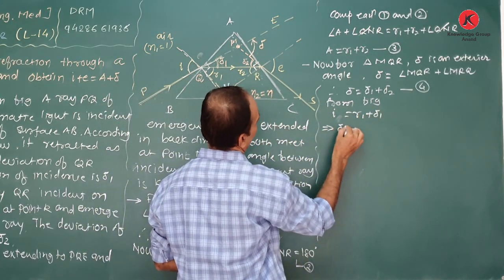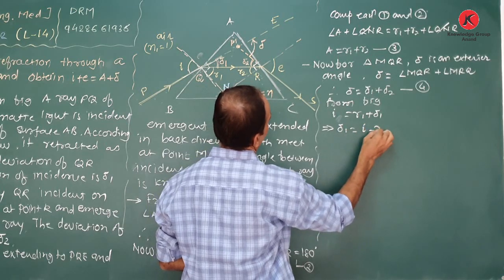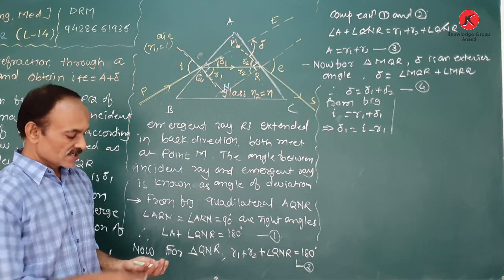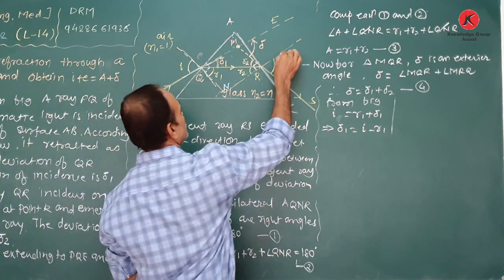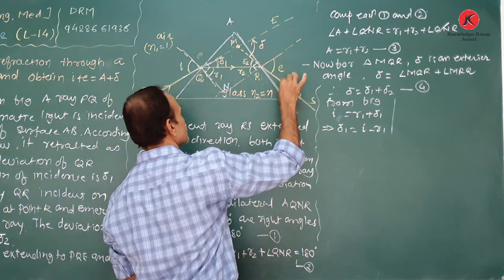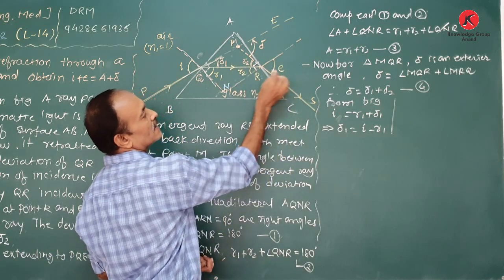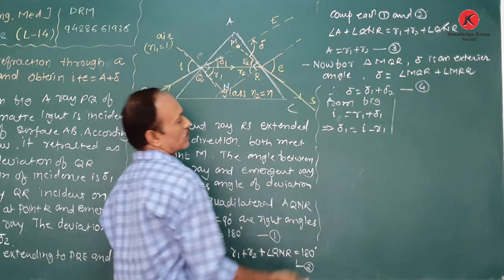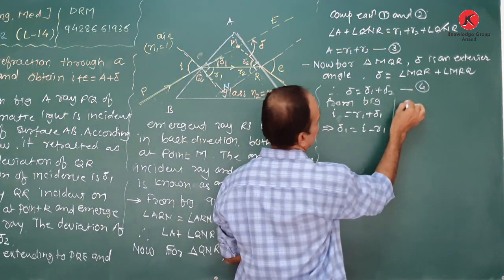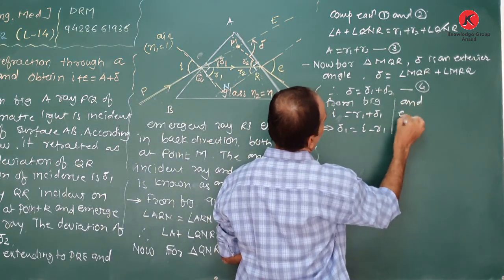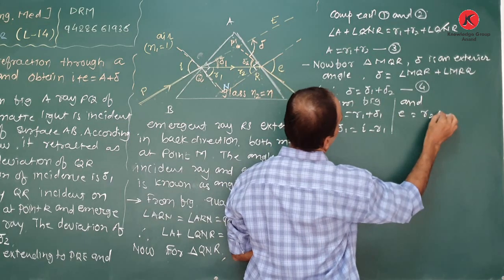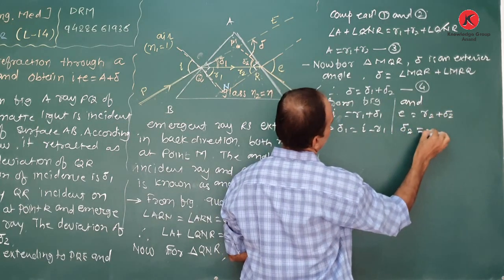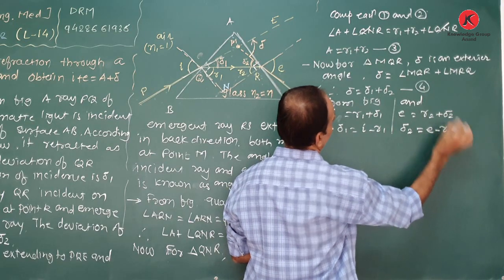Therefore, delta 1 is equal to I minus r1. Similarly, on this side, the angle of emergence E is equal to r2 plus delta 2. Therefore, delta 2 is equal to E minus r2.